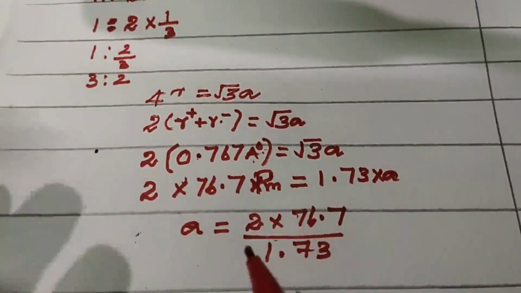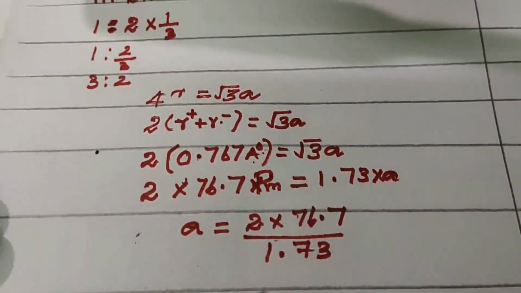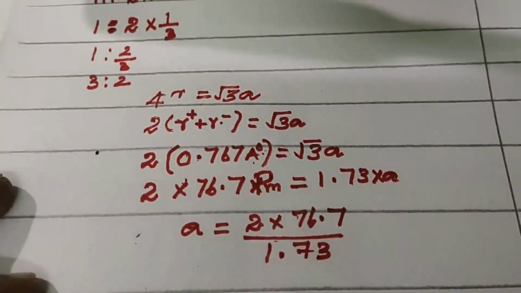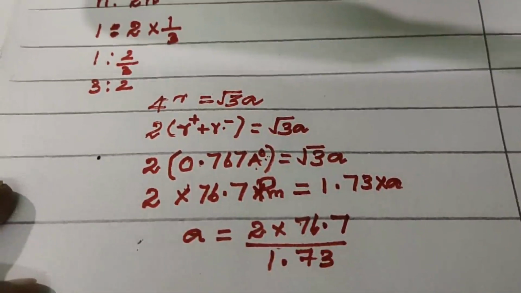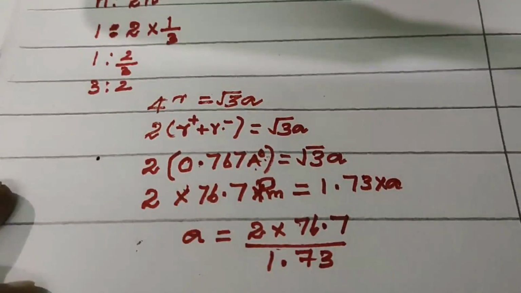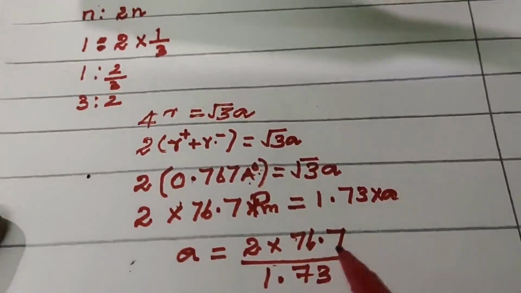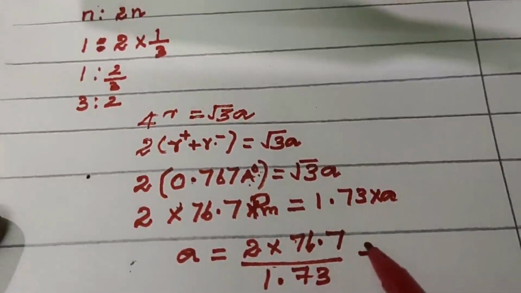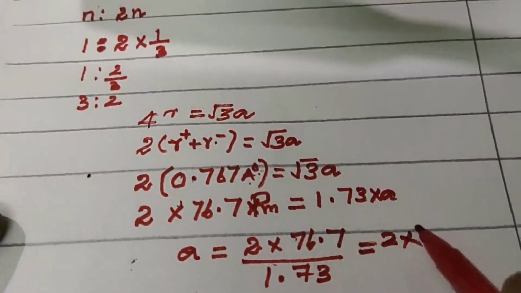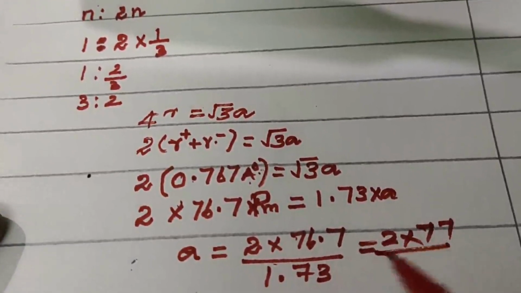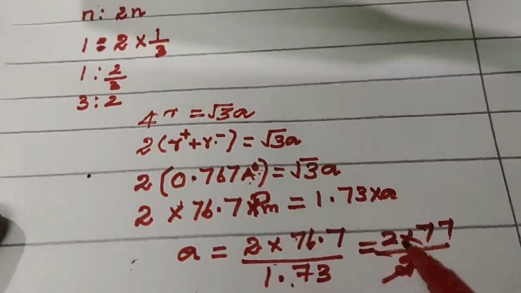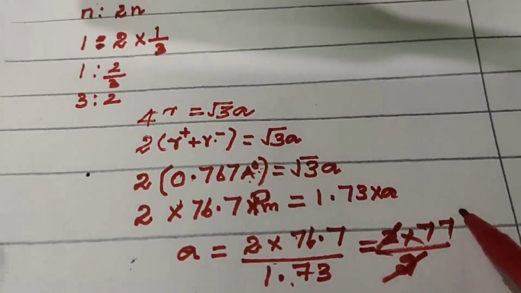If the options vary widely, then don't waste time on calculation, because each question gets 1 minute. So take the nearest value. Instead of 76.7, take 2 into 77 divided by 1.73, the 2s cancel. So here the answer is 77.